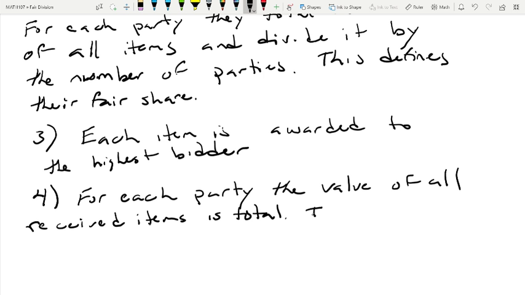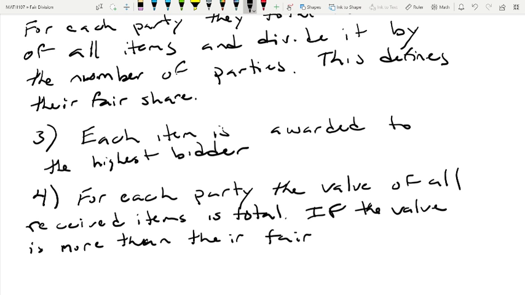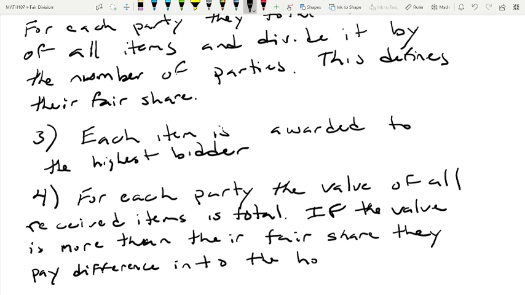If the value is more than their fair share, they pay the difference into the holding pile.